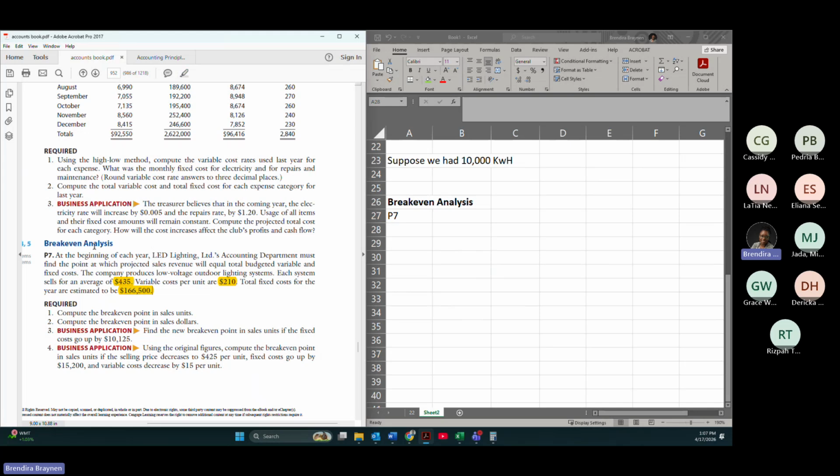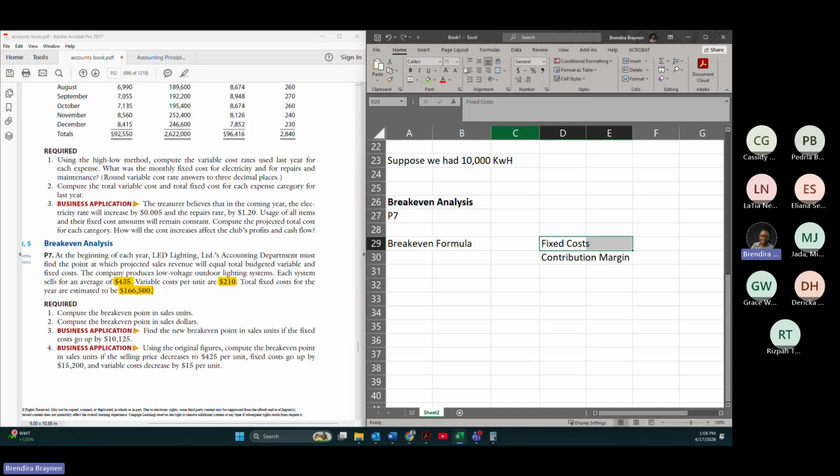You need to know the selling price, variable cost, and the total fixed cost. All right. And compute the break even point in sales dollars. If I want to compute it in sales units, sorry, the break even formula, which I would have told y'all, is fixed costs divided by contribution margin.